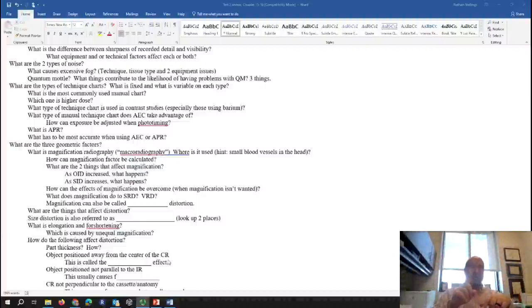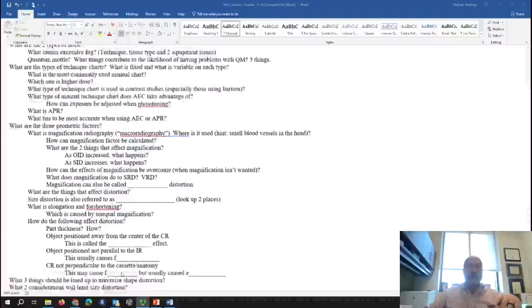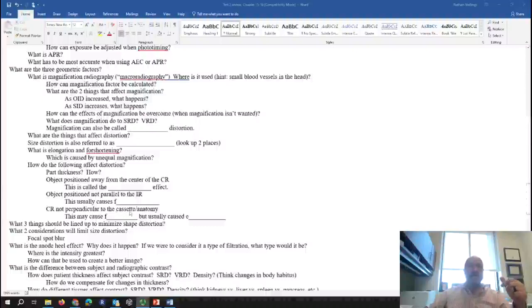It will change in its appearance of length. All of that will change as you fluoro around the periphery of it. That's what's happening in the periphery of your X-ray beam: whatever is being imaged in the periphery suffers from distortion every bit as much as if you had an angulation in the central ray. It has a parallax effect. Objects positioned not parallel to the image receptor, that's your foreshortening, elongation, and the central ray and the image receptor as well.